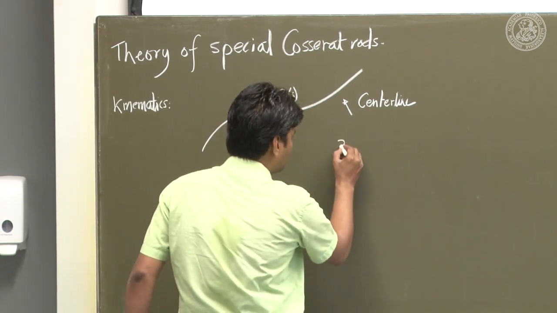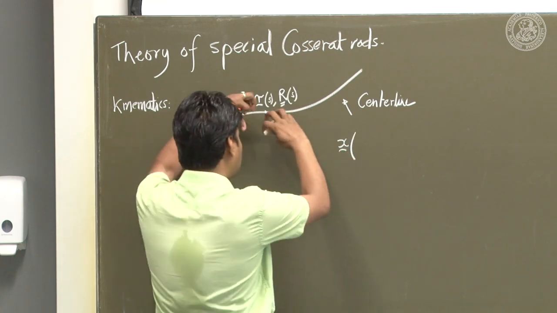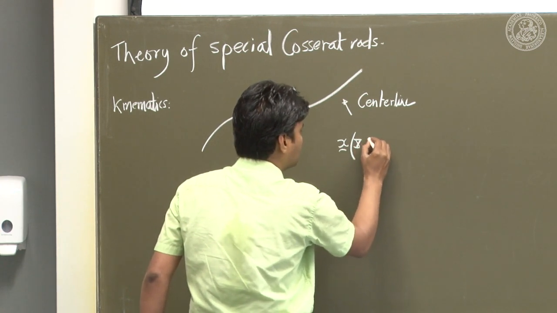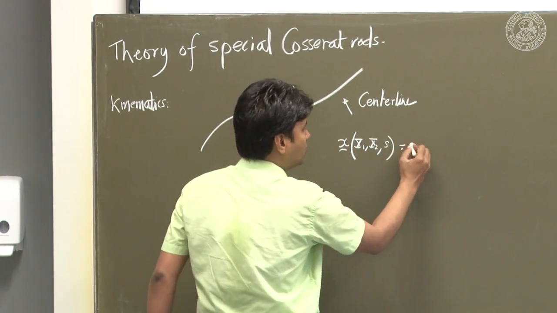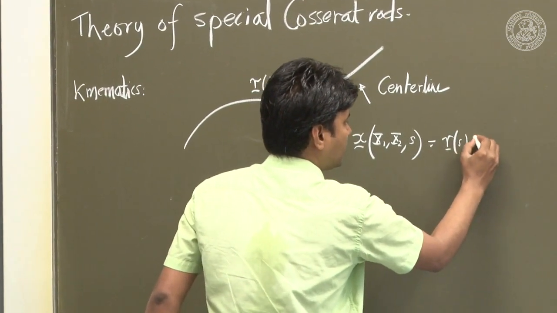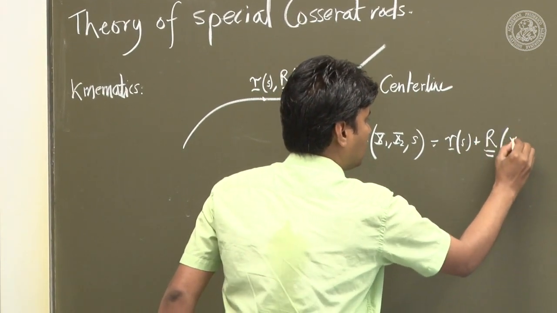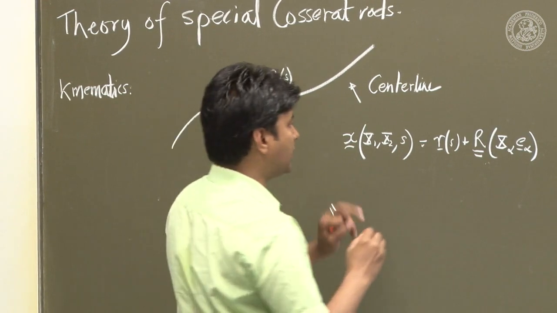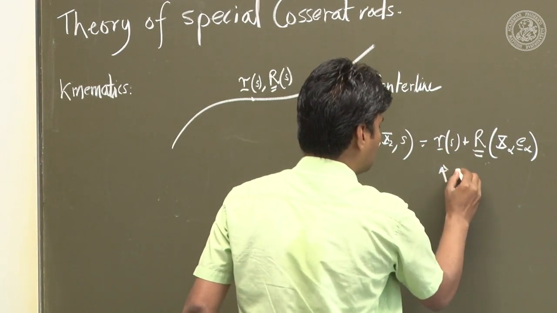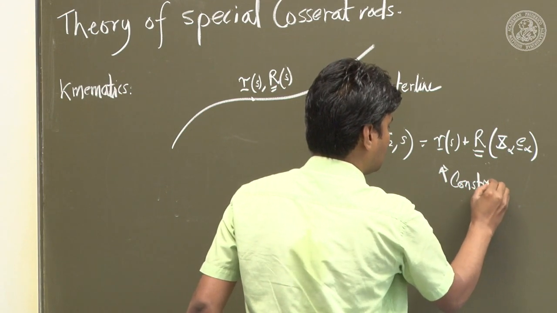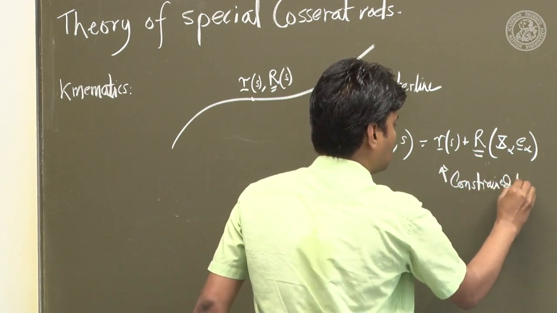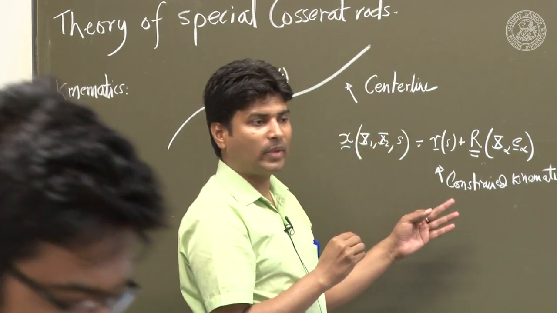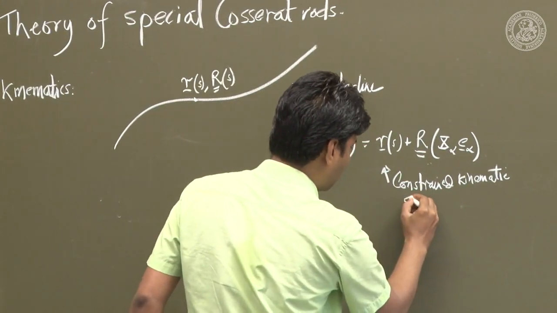We also extended this to the whole rod by saying little x of x1, x2, s is equal to little r of s plus big R of x alpha e alpha. So this was the constrained kinematic extension to the whole rod.